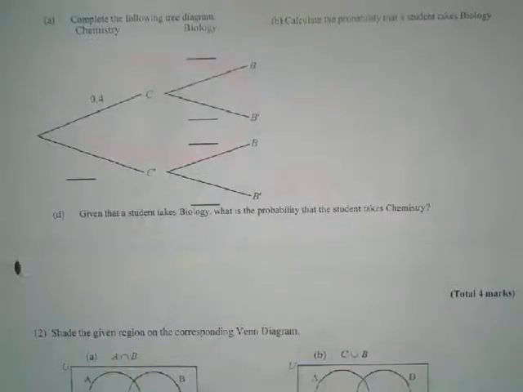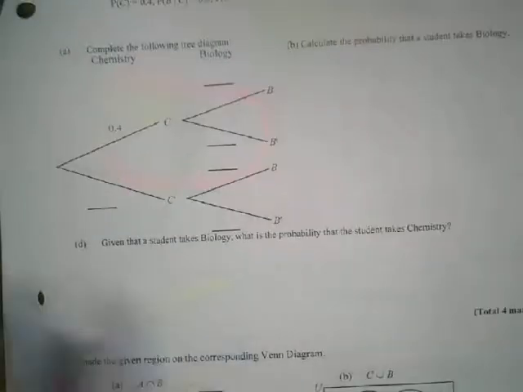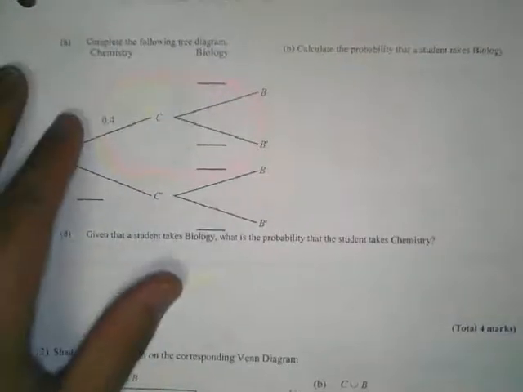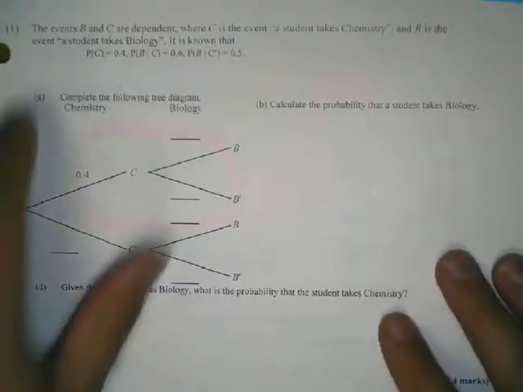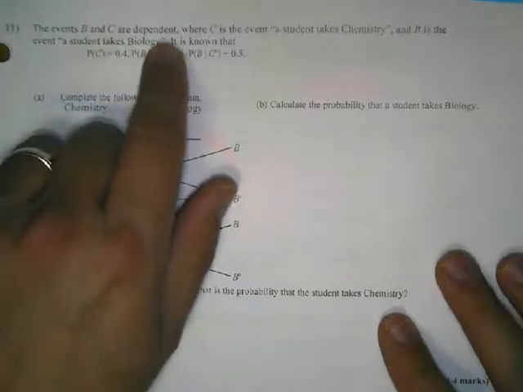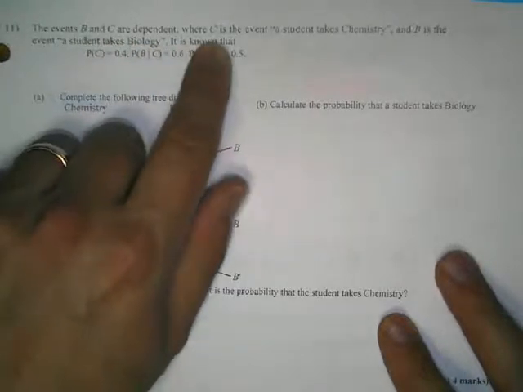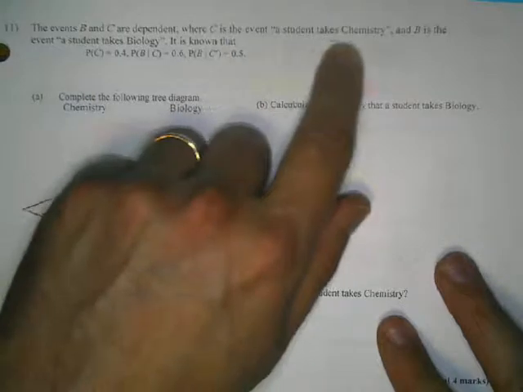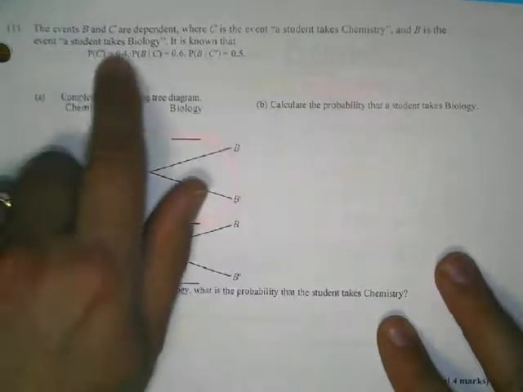Last page. Okay. In events B and C, they're dependent, and C is the event that the student takes chemistry and B is the event that the student takes biology.